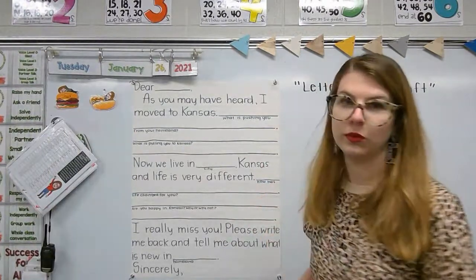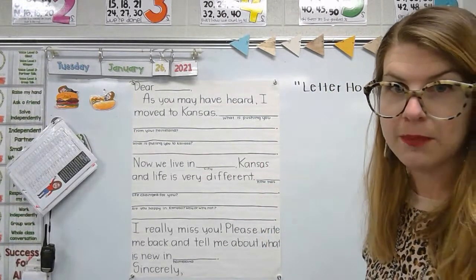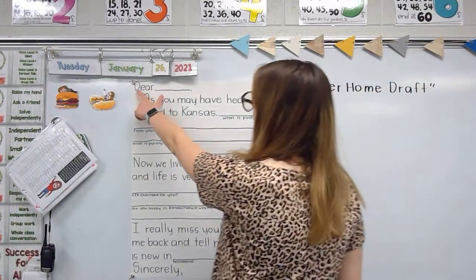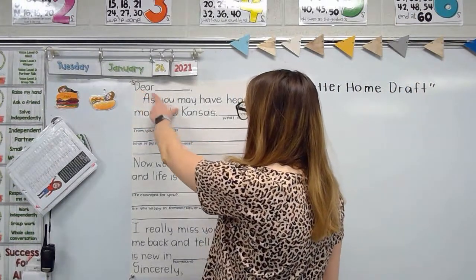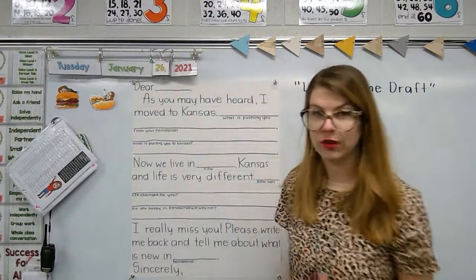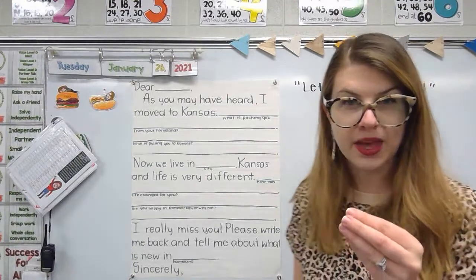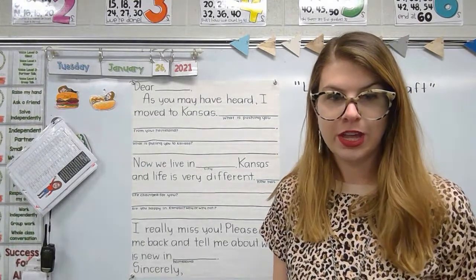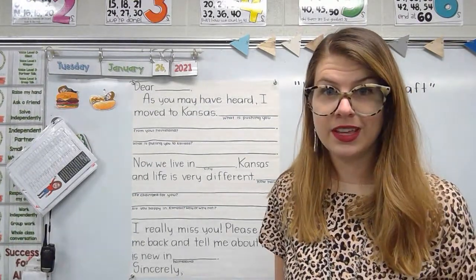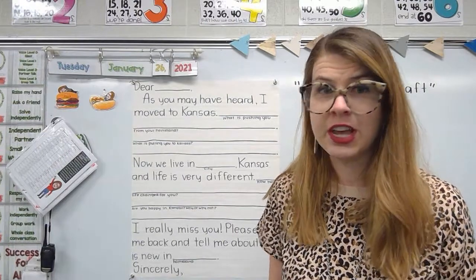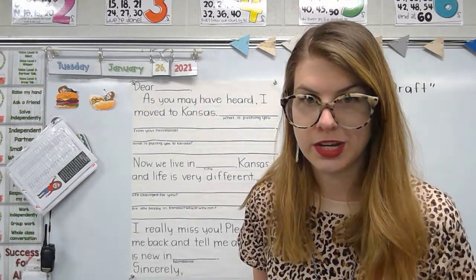First and foremost, when we write a letter, at the very top of our paper, we start with the word dear with a capital D, and then we figure out who it is that we want to address this letter to. This is where you can get creative. Think of somebody that you would send this letter to. It could be a relative. It could be a close family friend. You can use the name of somebody that you already know.